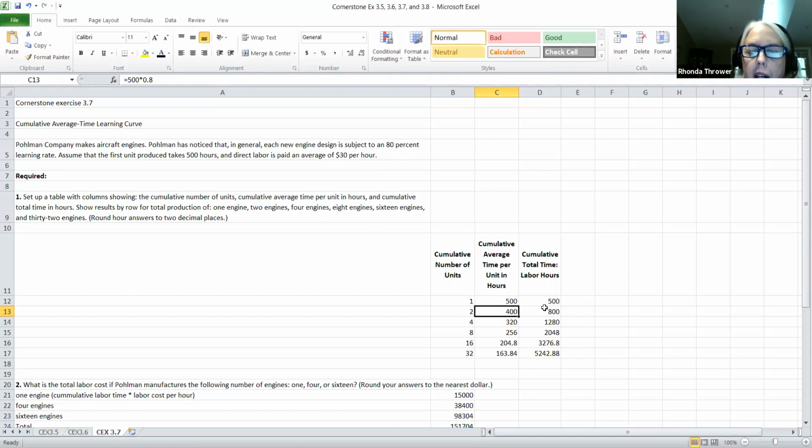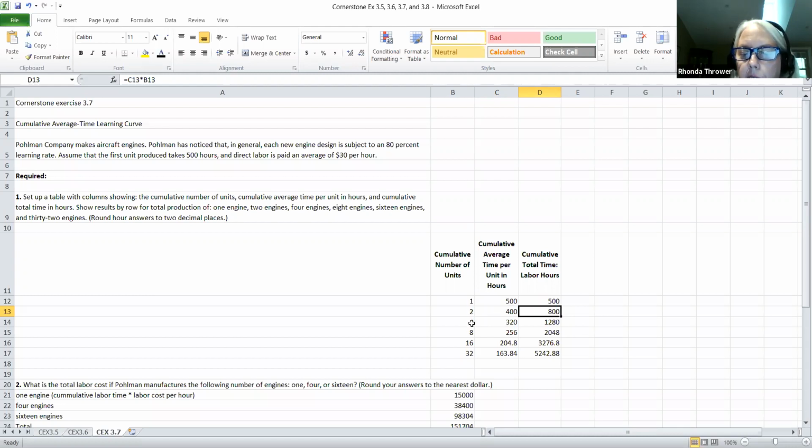When you do that, it gives you 400 hours. Now the next part is to find the cumulative total time in labor hours. This is how you do it. You produce 2 units, and 2 units times the cumulative average time per unit in hours, which was 400. 2 times 400 is going to give you 800 cumulative total time labor hours.